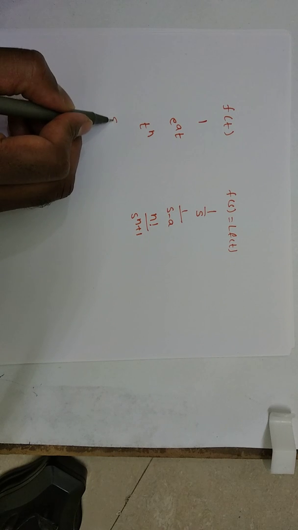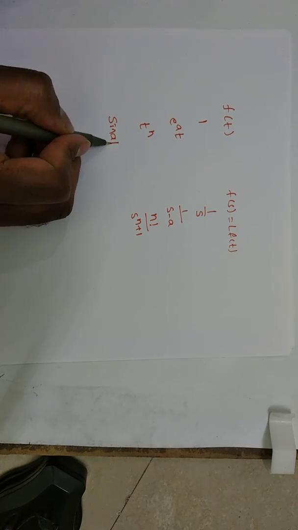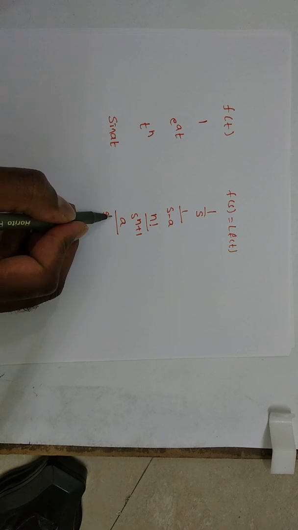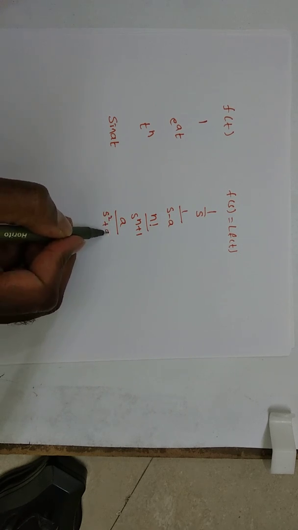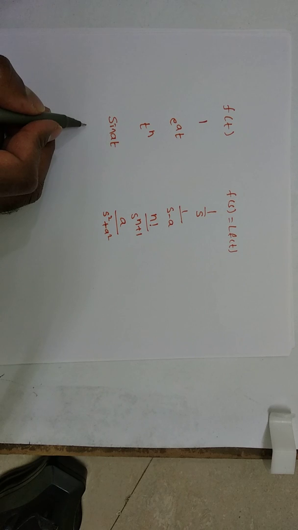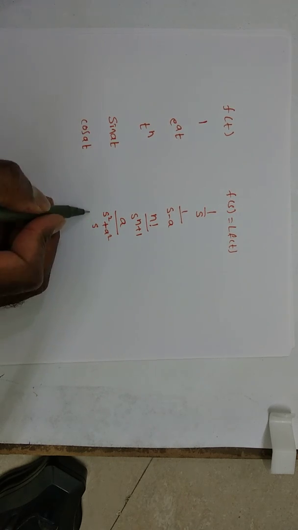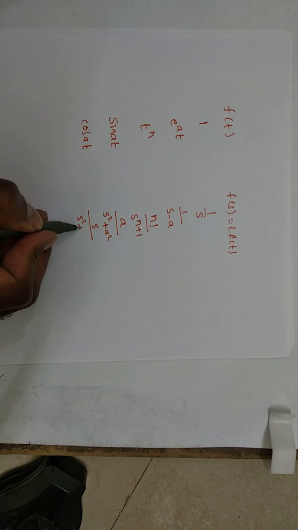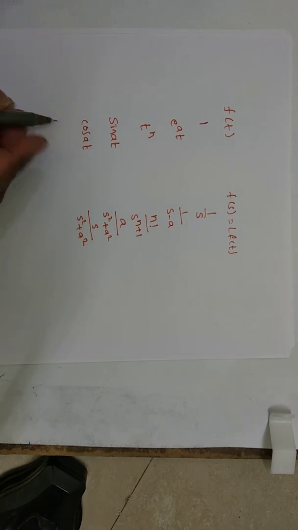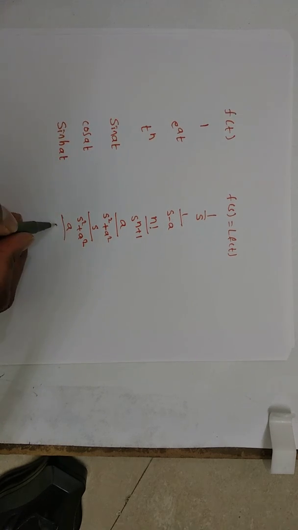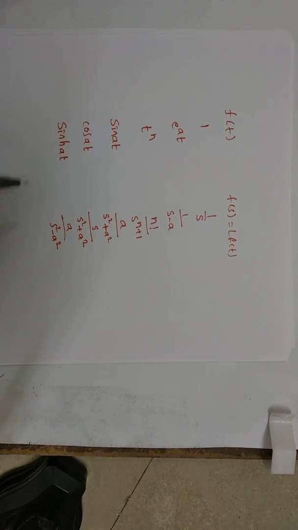Next, L of sin(at) is a by s square plus a square. Suppose cos(at) came: whenever cos, the numerator is s, for normal functions, so s by s square plus a square. L of sinh(at) is a by s square minus a square.